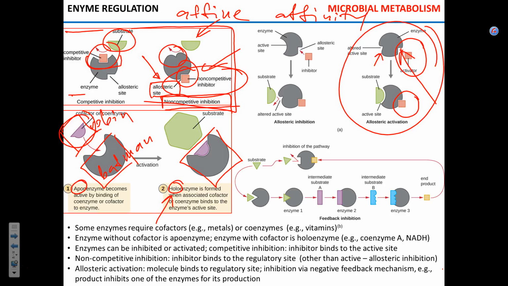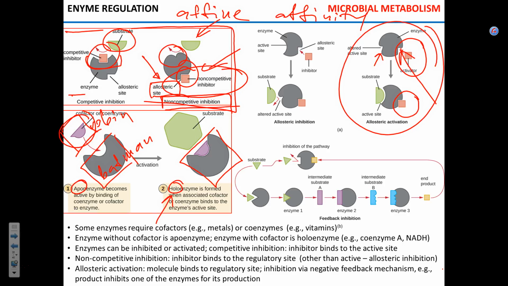Now, how can enzymes be regulated? First of all, we already learned about operons. They can be regulated at the genetic level: the level of transcription, using operons or riboswitches, or at the level of translation, again using riboswitches.